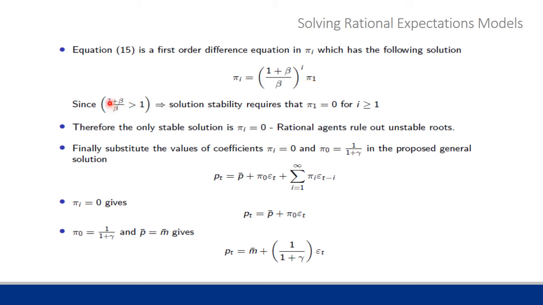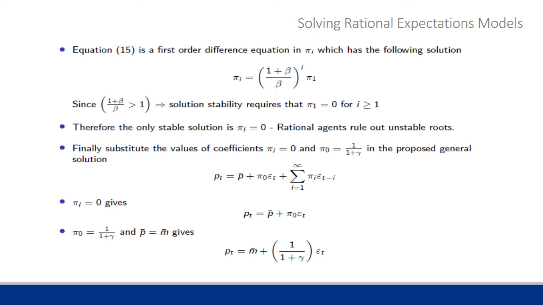Since 1 plus beta over beta is greater than 1, this will just grow with every increase in the powers I, so in order to get solution stability we need pi 1 to be equal to 0. That's the only solution we can have without an explosive path for pi I. Therefore, the only stable solution is pi I equal to 0.